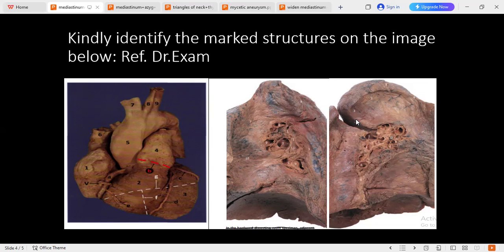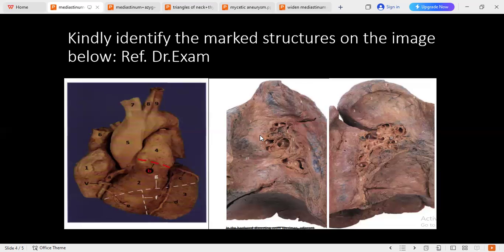Why? The oblique fissure. Okay. And which one is this? Right lung. Okay, please tell me what are the contents of the pulmonary hilum? It contains the pulmonary artery, pulmonary vein, main bronchus, and lymph nodes.